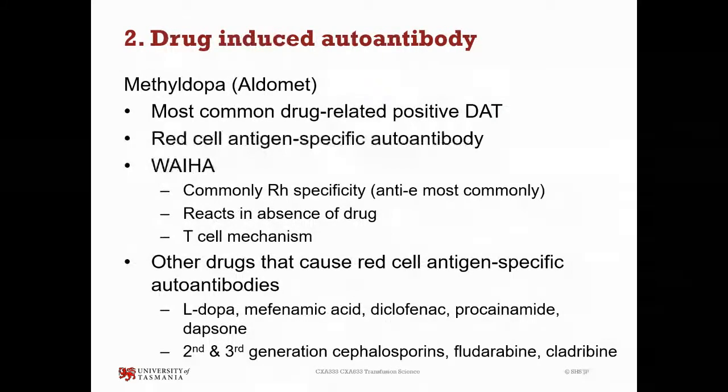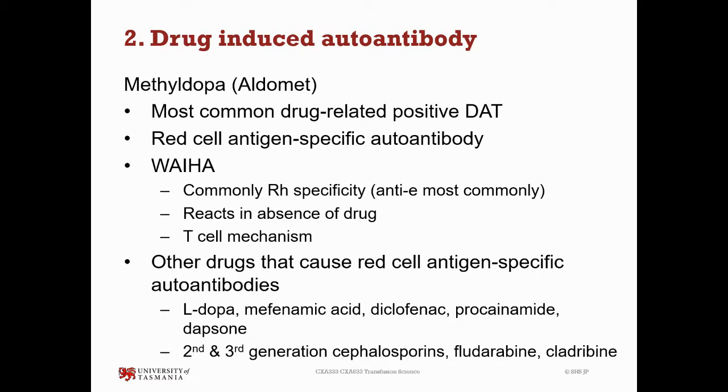So just looking at this drug-induced autoantibody, methyldopa. It's an antihypertensive that used to be used quite commonly, and then it went out of fashion for a while, but now it's used in cases of refractory high blood pressure. So it is an antihypertensive, but it's not used as much as it was. But it is also used in high blood pressure in pregnancy.